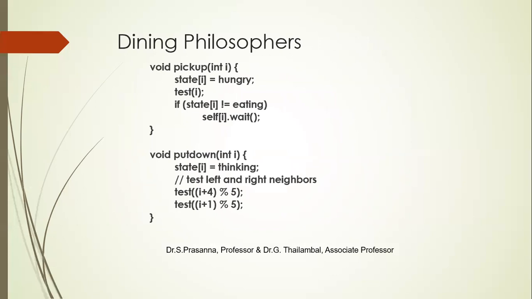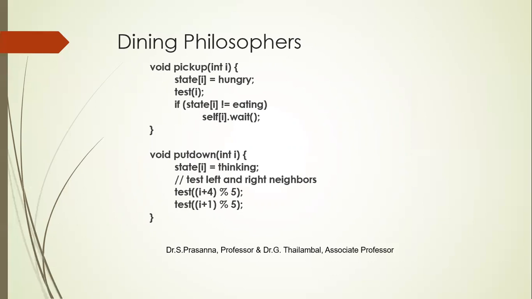So in pickup, we are going to find the state. If he is hungry and another process is using the chopstick, he needs to wait. Or if one person has started eating with the chopsticks available, the other process needs to wait, so that particular process will give the wait signal.